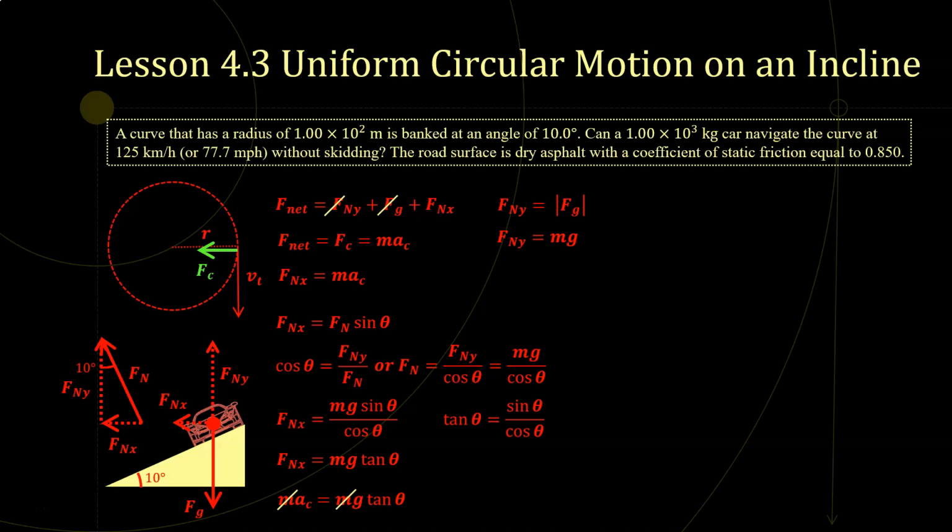Now I can plug in any of my equations for centripetal acceleration. Do I have an equation for centripetal acceleration that has velocity in it? And if I do, I can use that to find the velocity that I can safely go around this curve without slipping, just because of its slope without incorporating any friction. I do have this equation, centripetal acceleration equals v squared over r, and that's a tangential velocity. And I can go ahead and set these equations equal to one another.